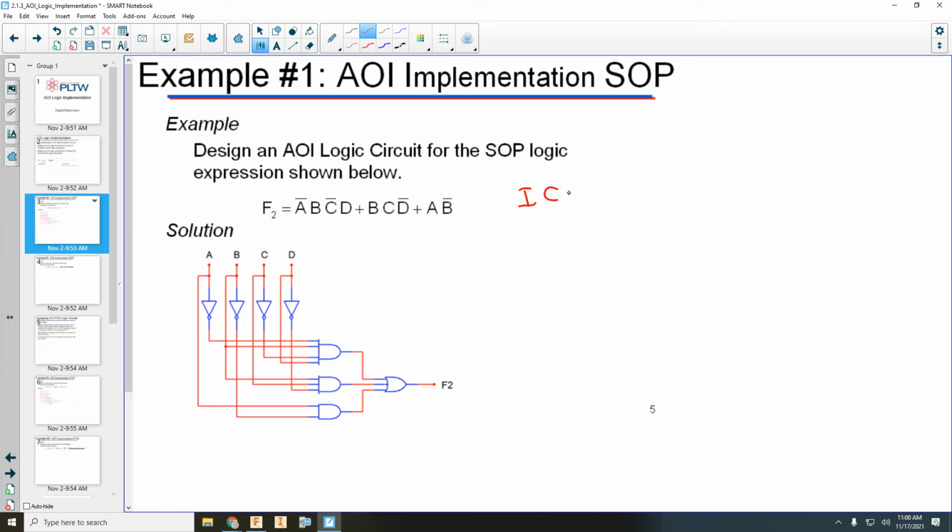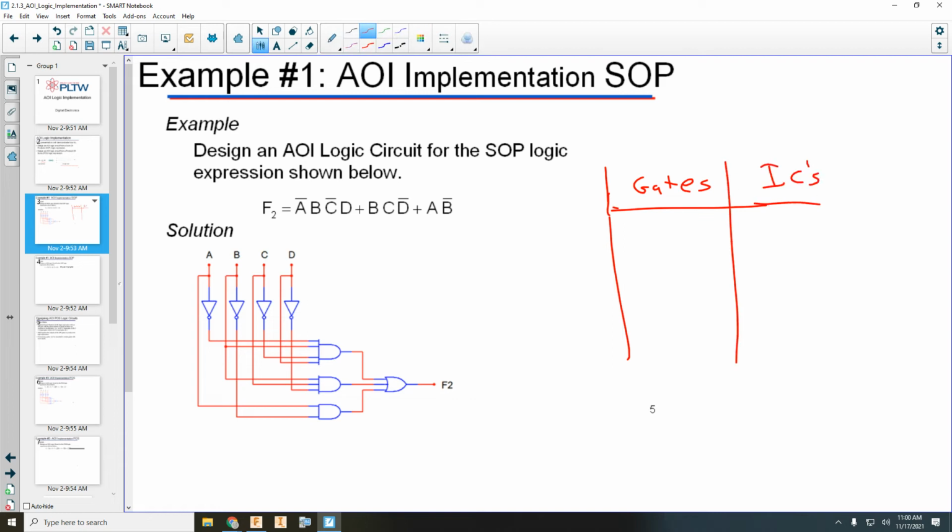So we start counting ICs and gates. So in terms of the gates, ICs. Okay, we have 4 inverter gates, right?